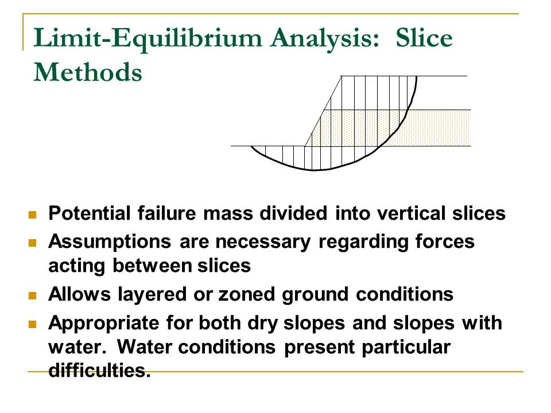Assumptions are needed regarding the forces acting between adjacent slices, and these slice methods allow layered or zoned ground conditions to be considered. Limit equilibrium methods are appropriate for both dry slopes and slopes with water. Water conditions can present particular difficulties, but wet conditions are often one of the conditions most likely to lead to slope instability, so we need to be able to consider both wet and dry slopes.